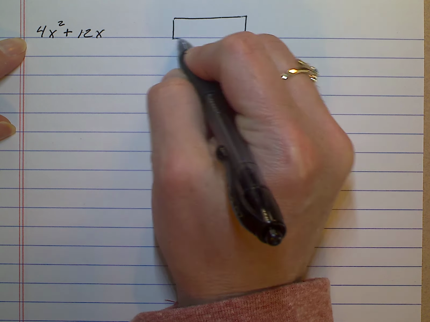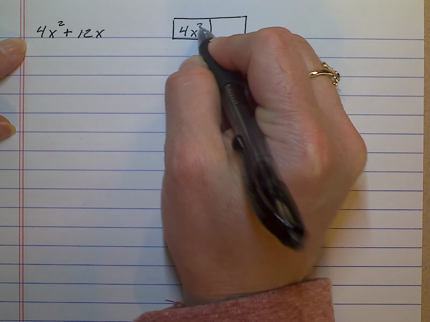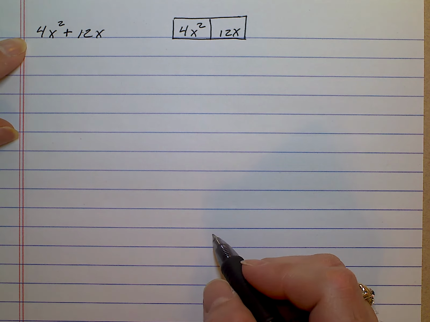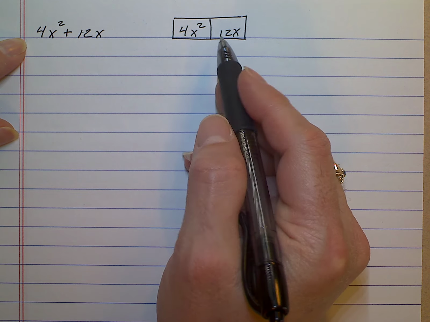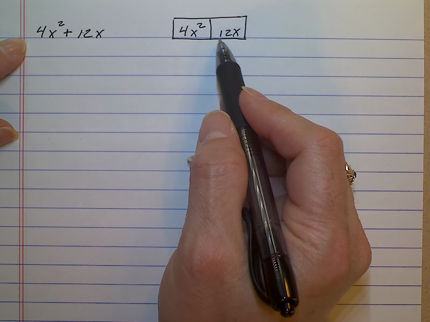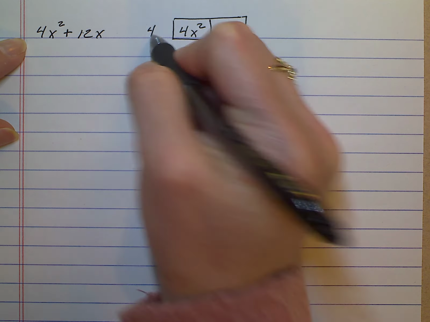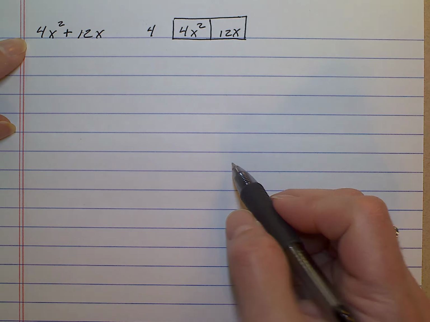So I'm going to put it into my area. 4x squared and 12x are going to be on the inside. And I want to think about what number they can both be divided by. What is the greatest common factor of just the 4 and the 12? Well, 4, right? So we're going to put the 4 on the outside of the area model.